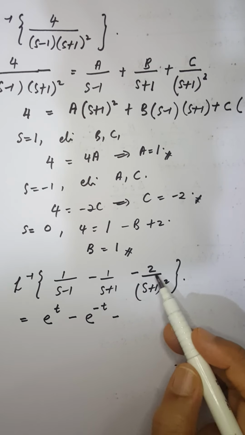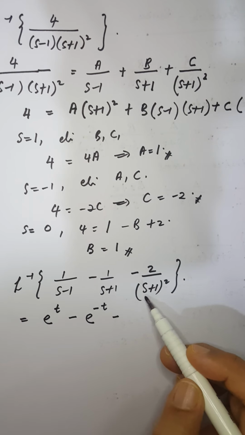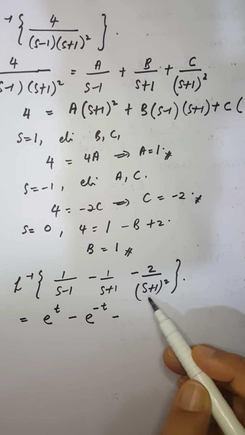We need to use the first shifting property because we have shifting of s by negative 1 over here. Can you see?